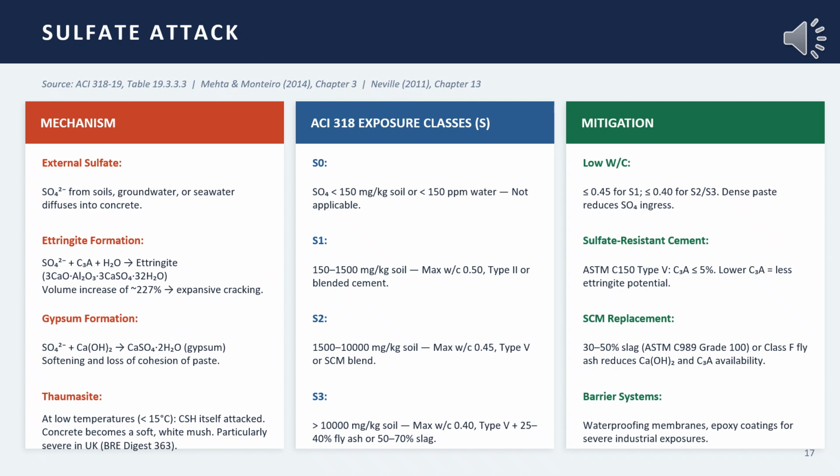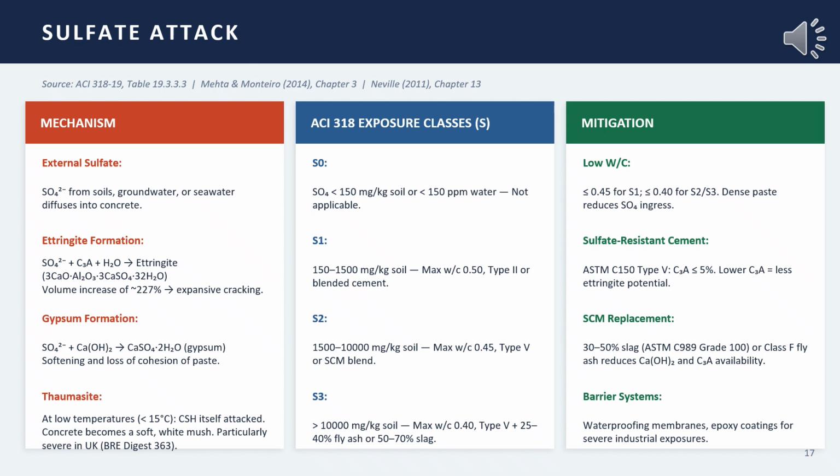Now, the ACI code classifies sulfate exposure in four classes from S0 to S3 based on sulfate concentration in soil or water. For S2 and S3 exposure, you must use ASTM Type V sulfate resistant cement, which basically limits tricalcium aluminate content to 5% or less, combined with the water cement ratio of 0.45 or 0.4 respectively.